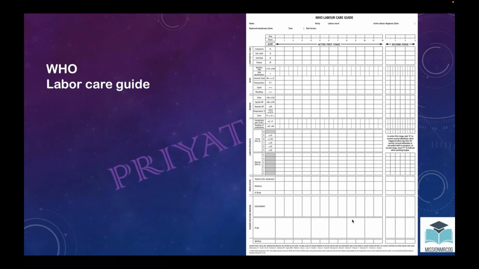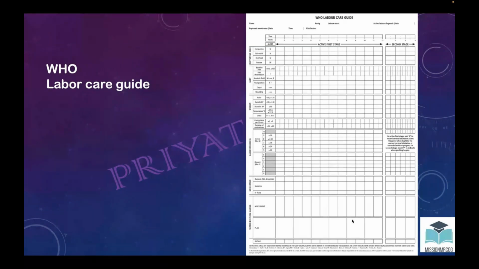At the end, we'll make a shared care plan for this woman. Can you tell me one of the components? Yeah, supportive care is there, and the shared care decision making is there. I'm unaware of these two components. Yeah, these two are newer than the partograph.